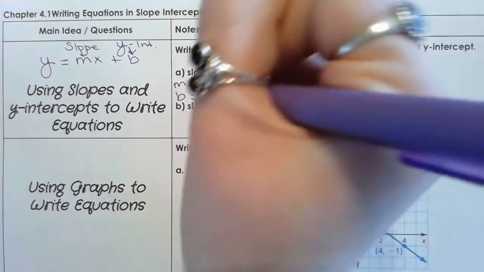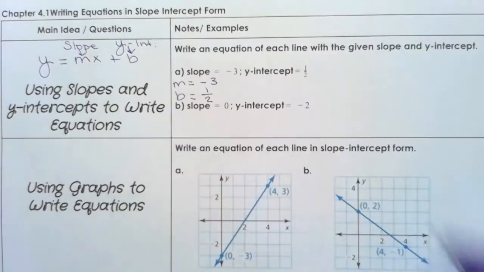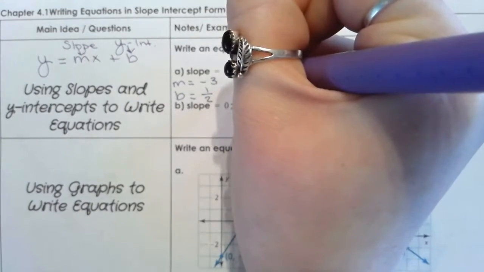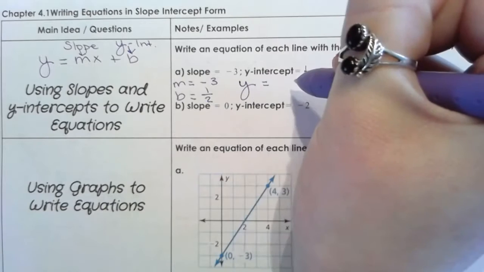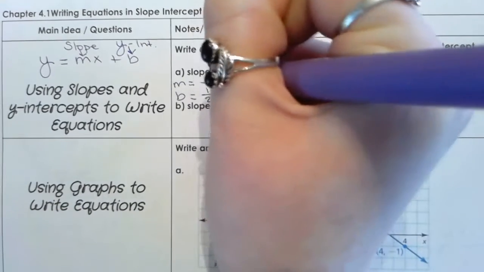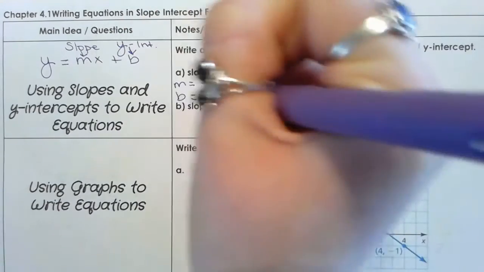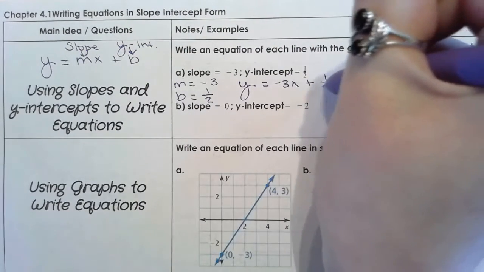So our b value is 1/2. So now let's plug that into our formula. We'll have y equals m, which is -3, so -3x plus our b, which is 1/2.